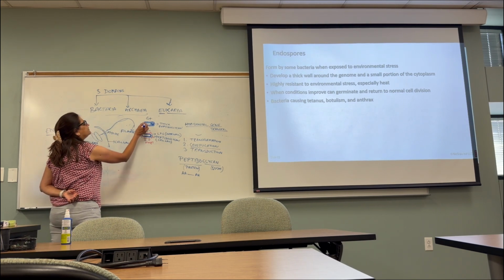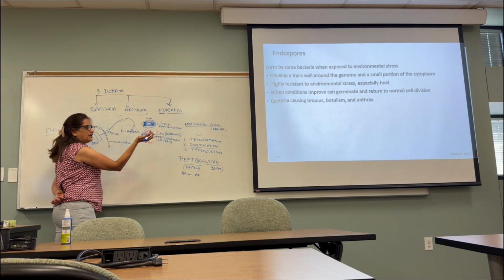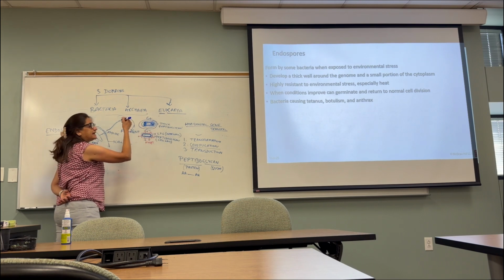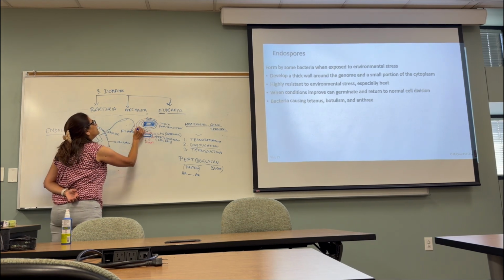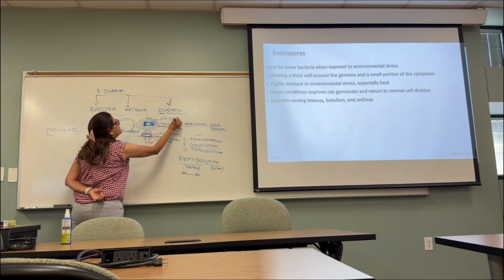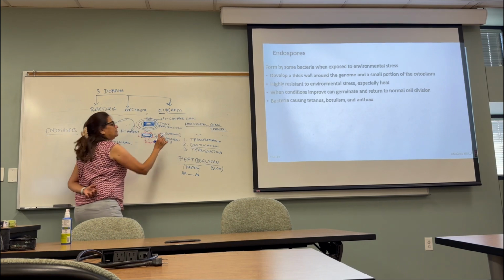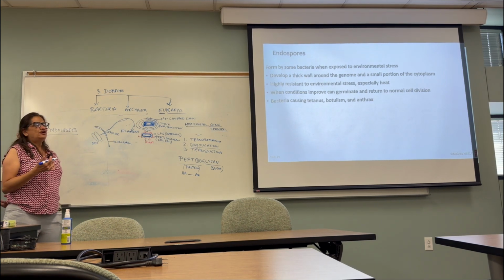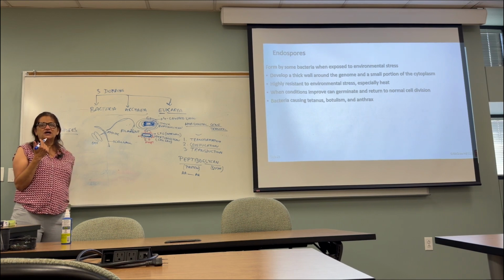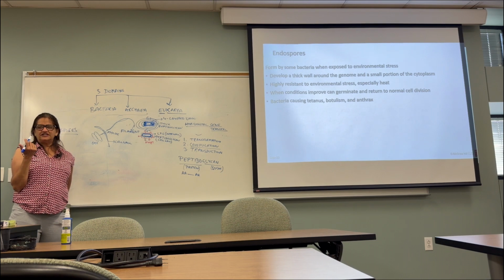So let's say we have this bacteria. They already have a peptidoglycan cell wall, and they will create one more cell wall around it, then a second cell wall, a third cell wall. So they have a very thick four-layered wall around them. How does secreting so many walls help them during a stressed out condition?